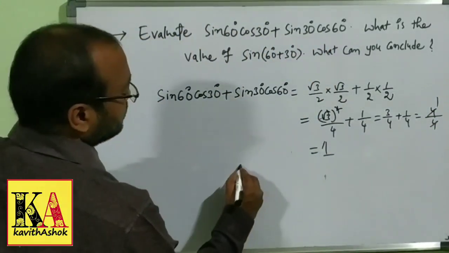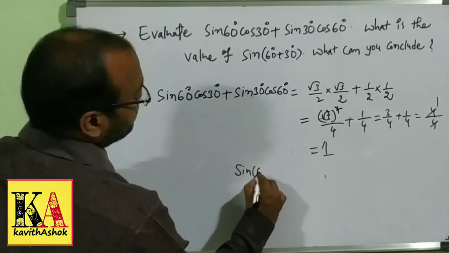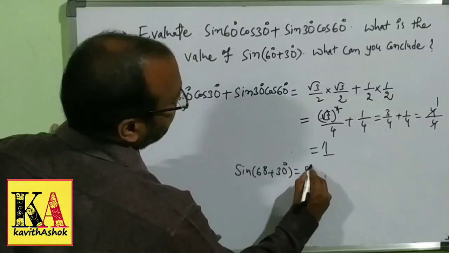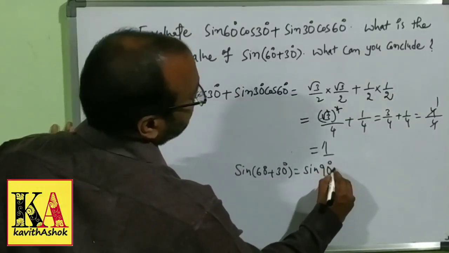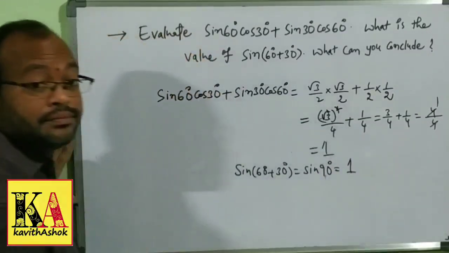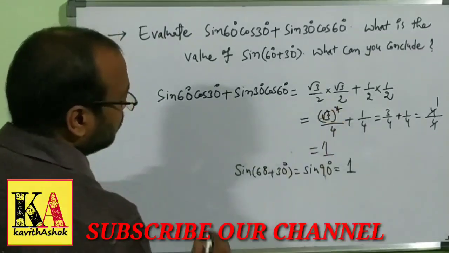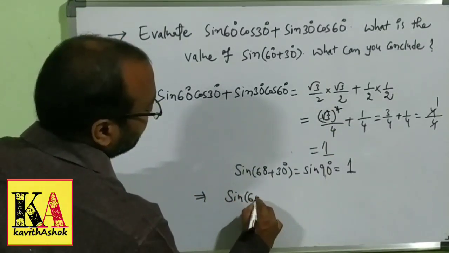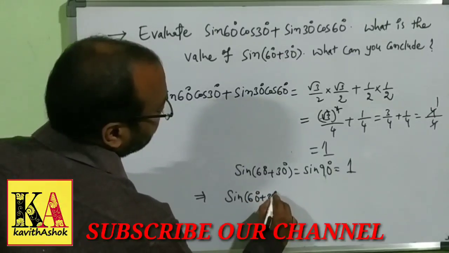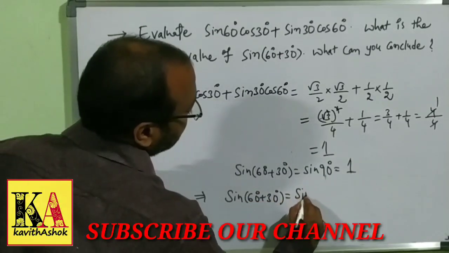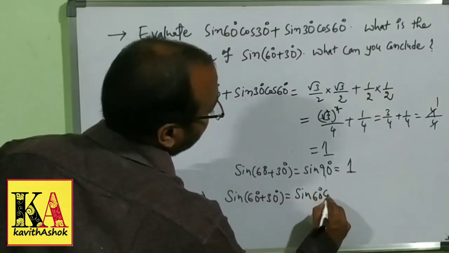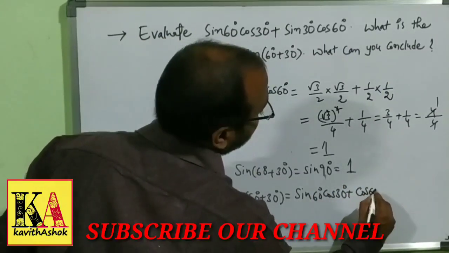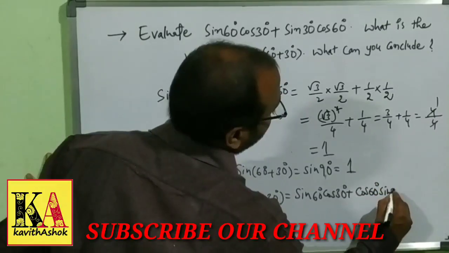Next, sin 60 degrees plus 30 degrees is equal to sin 90 degrees. Sin 90 degrees is nothing but 1. So what is our final conclusion? Here sin of 60 degrees plus 30 degrees is nothing but sin 60 cos 30 plus cos 60 sin 30.